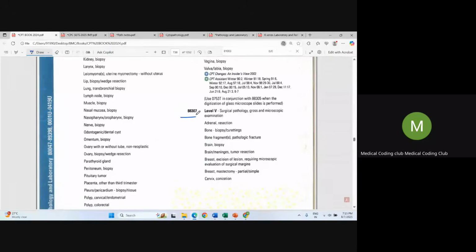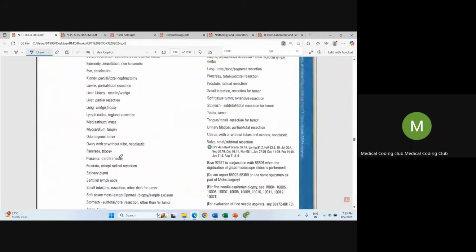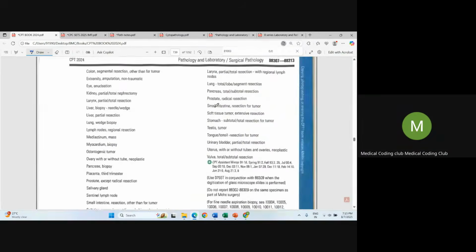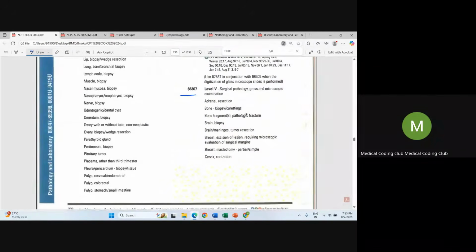Then check for another thing also. You can see 88307 and 88309. One is a high level, one is the highest level: 307 is high level, 309 is highest level. Here also you will get repeated specimens. Take an example of breast mastectomy. Here it says partial or simple, listed under 88307.